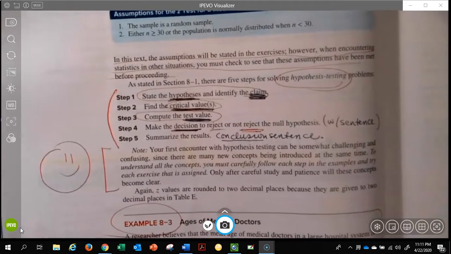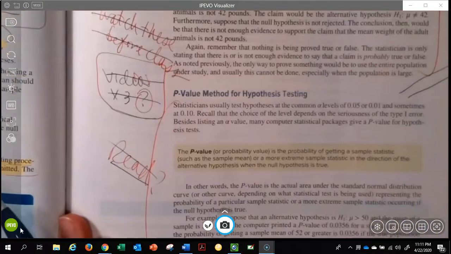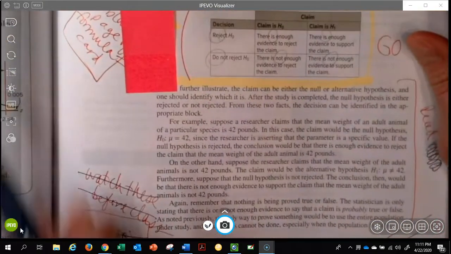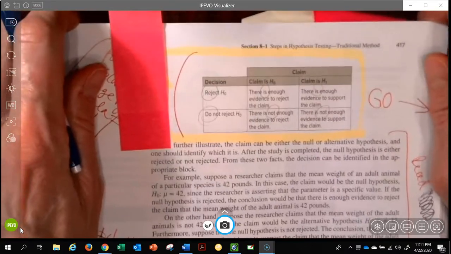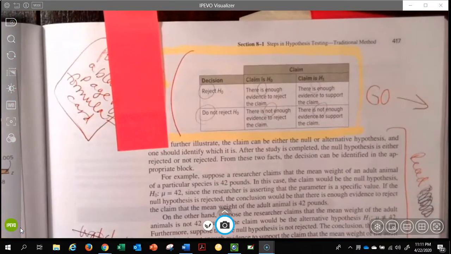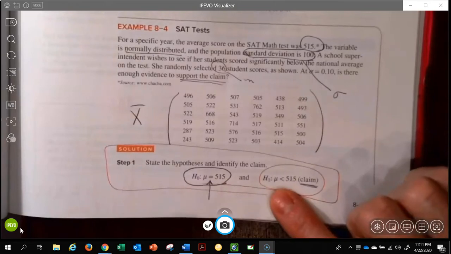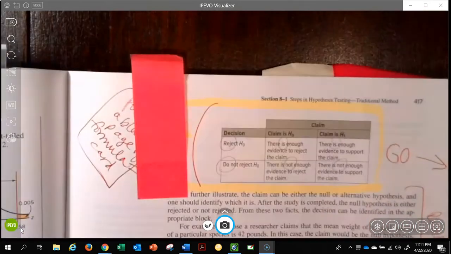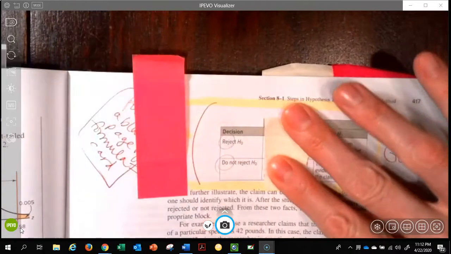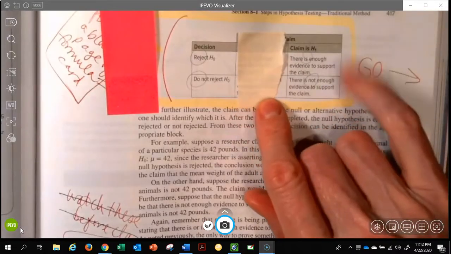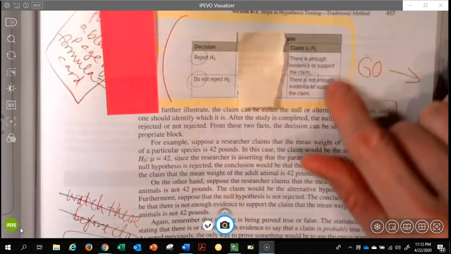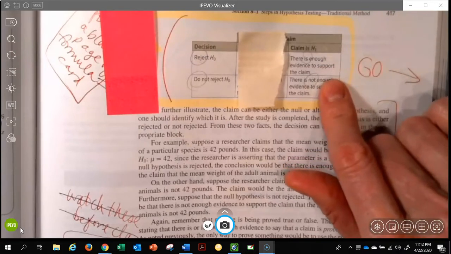And the conclusion sentence is going to be where you come right over here, not to the book and the test, but you'll have this written on your card. And when you come over here from your card, you've got to remember that our claim was the alternative hypothesis. So since our claim was the alternative hypothesis, one of these is our final answer.